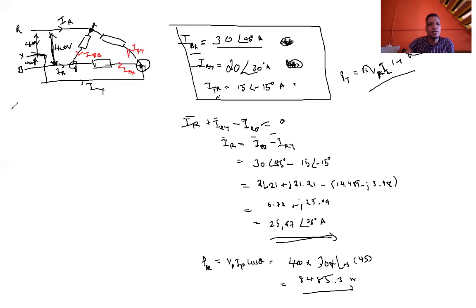Let's calculate the power in the phase RY. Let's see power loss there. It's going to be the phase voltage, which is also 400, line phase, cos theta per phase. So this is going to be 400. What is the current there? Current in the Y line, YR, that's a 15. Cos 15.